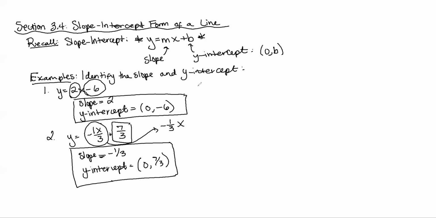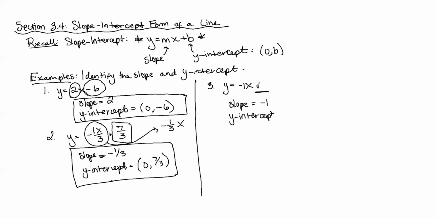All right, and one last one. Number 3, y equals -x. For this one, our slope, we want to write in a 1 here, so our slope is -1, but our y-intercept, we don't have that plus b at the end. We don't have anything right here.